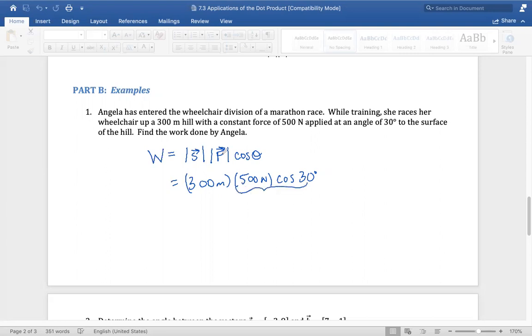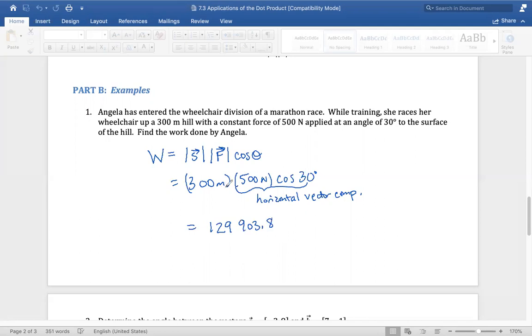This section here, your force vector multiplied by cos of theta, don't forget that's the horizontal vector component, being multiplied with your displacement. So if you plug that in, I get 129,903.8.